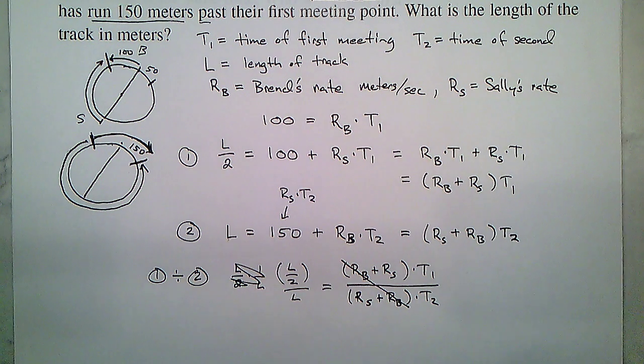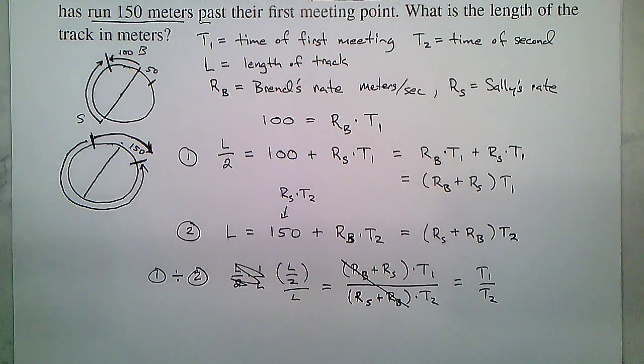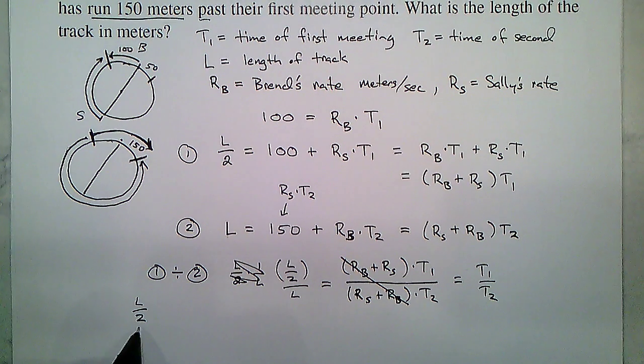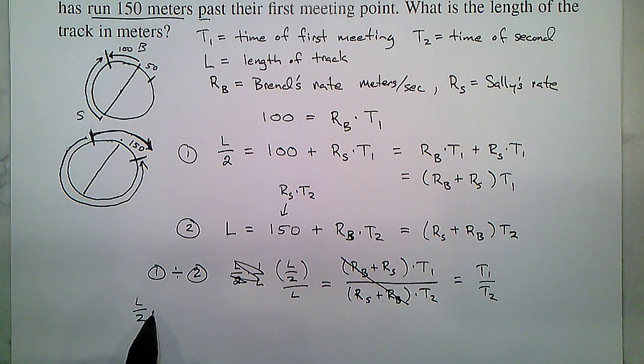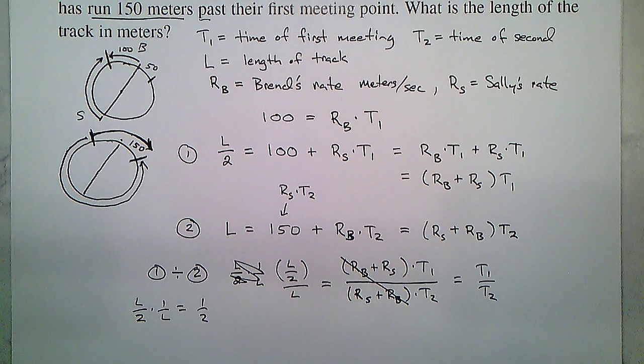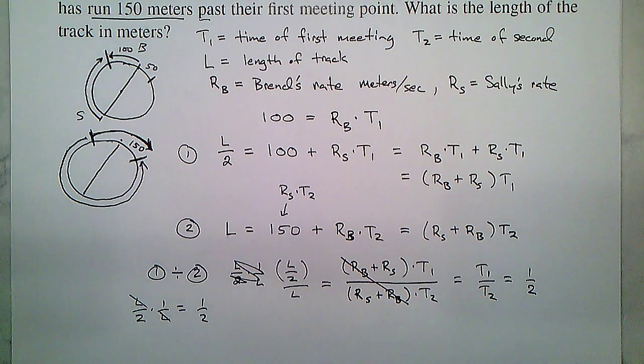These are the same. So this is just T1 over T2. Okay. So what is L over 2 divided by L? That's times 1 over L. So this is just 1/2. So the L's cancel, right? And so what we just showed is that T1 over T2 is equal to 1/2.